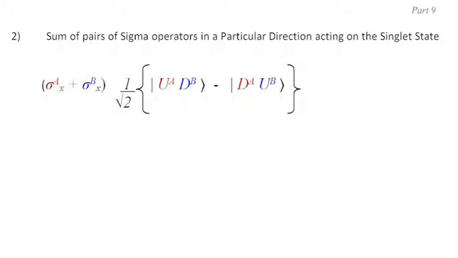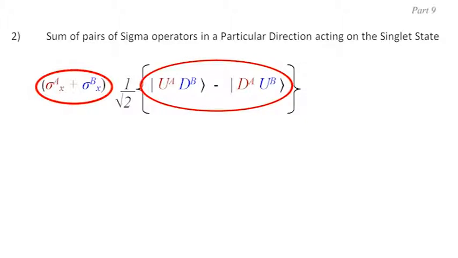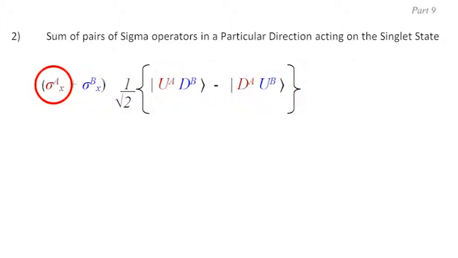Clearly, looking at the expansion of these two brackets, the operation of this operator onto this singlet state is going to give us 4 ket vectors in the bracket, 4 terms if you like. Sigma ax on this will flip the up to down because it acts only on the A electron, and on this it will flip the down to up.